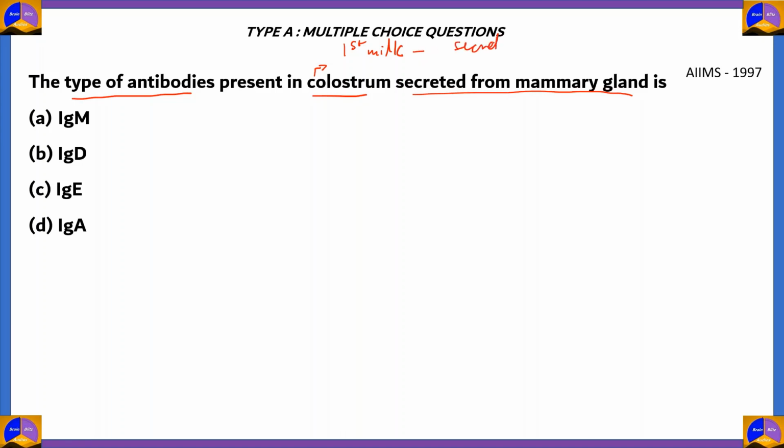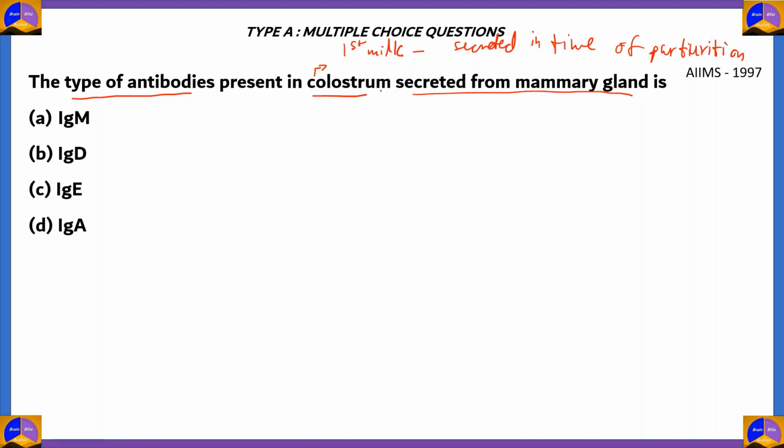So when parturition occurs, at that point the mammary glands secrete this first milk or colostrum, and it is mandatory to be fed to a baby.